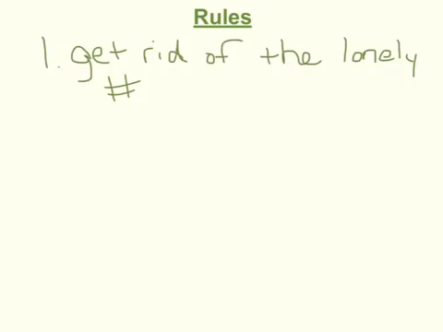When you don't know where to start, you get rid of the lonely number. For example, if I have the equation 2x plus 4 equals 7, I need to get rid of this number first because it's the one that's lonely and on the same side of the x. That's an important thing to write.